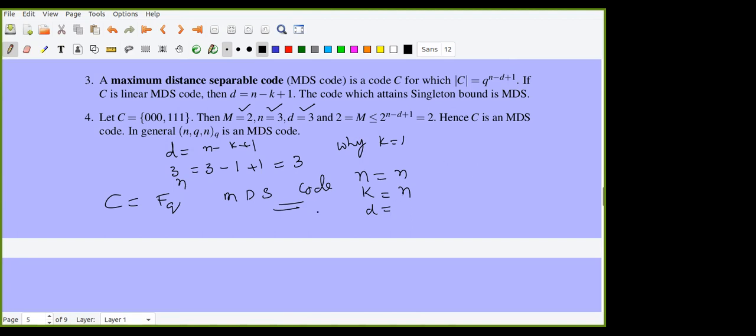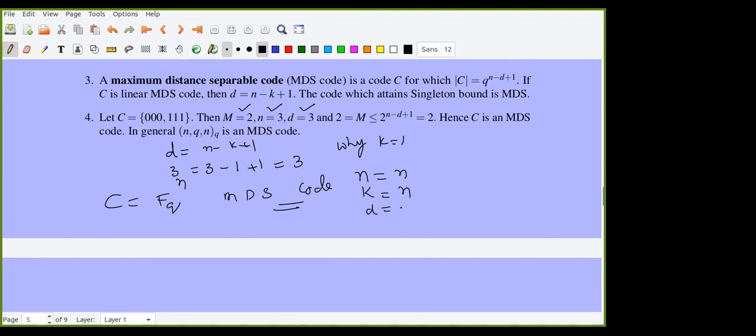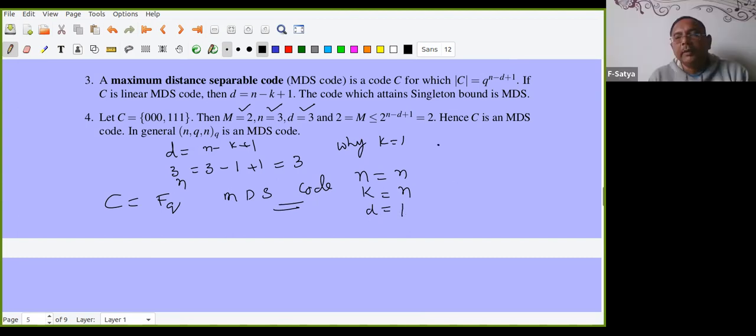Okay, see, when I give the code to you, then you can find the distance. Then the minimum weight is going to be 1. For example, n equal to 3, I'm taking all the vectors, total 8 vectors are there. If I take all the vectors, it itself is a subspace, so it is a linear code.